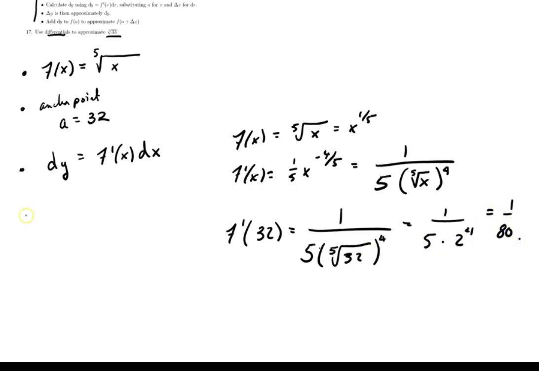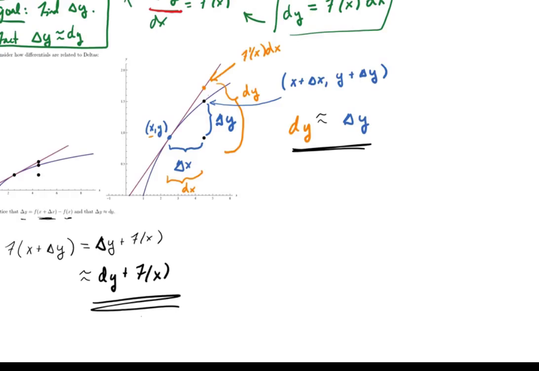Okay. So now we get that differential y is equal to 1 over 80 times differential x, which stands for our small change in the x value. Well, in this case, differential x is always the same as delta x. Okay, that might be a little bit confusing. Let's return to the previous picture that we were just visiting.